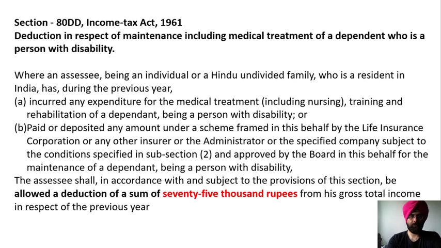Here section 80DD of the Income Tax Act says deduction in respect of maintenance, medical treatment of a dependent who is a person with disability, where an assessee being an individual or HUF who is a resident in India has during the previous year incurred an expenditure for medical treatment, training and rehabilitation of a dependent being a person with disability, or paid or deposited any amount under the scheme framed in this behalf by LIC or by any other insurer, then the assessee shall in accordance and subject to the provision of this section be allowed a deduction of a sum of rupees 75,000 from his gross total income.